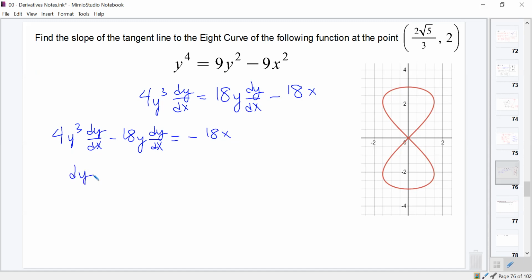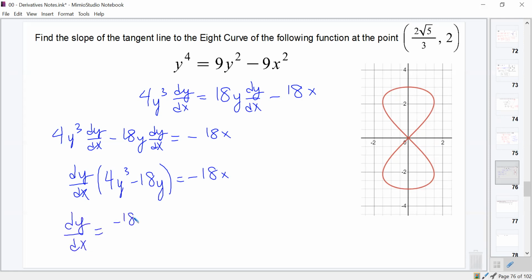We can factor out the dy dx. And we can divide to get dy dx is equal to negative 18x over 4y cubed minus 18y.